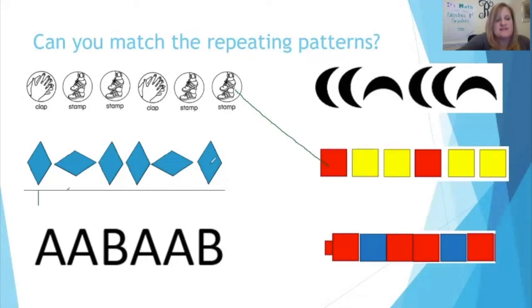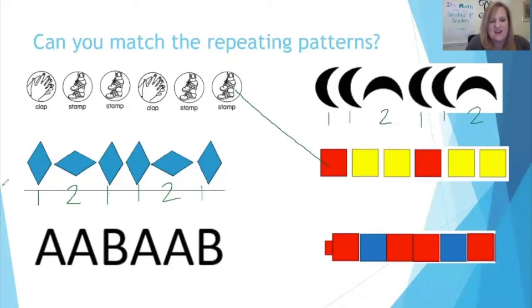And every time I see the second shape, I'm going to write a number 2. So 1, 2, 1, 1, 2, 1. Now, I'm going to go back up here. Every time I see my first shape, it's a number 1. Every time I see the next shape, it's number 2. So 1, 1, 2, 1, 1, 2.